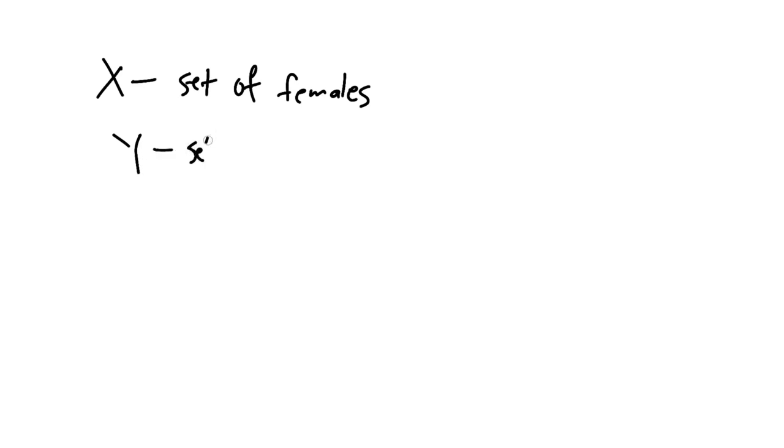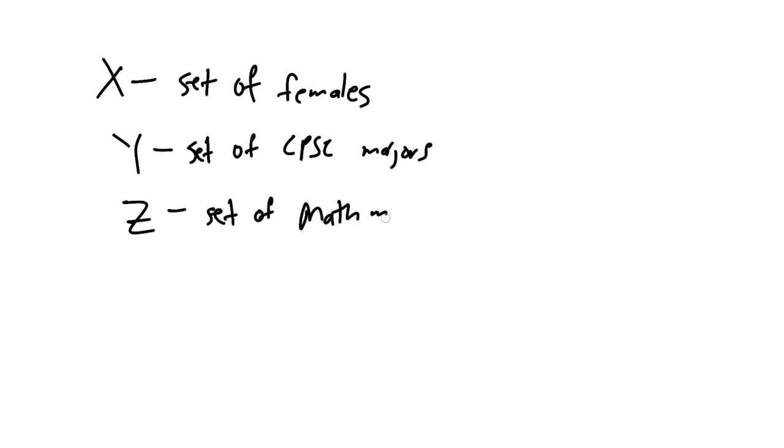If you want another example that's more of an intentional example to kind of get some intuition like this, we might say, let's let X be the set of female UMW students, so the set of females, and we could say let Y be the set of computer science majors, and we could say let the set Z be the set of math majors.